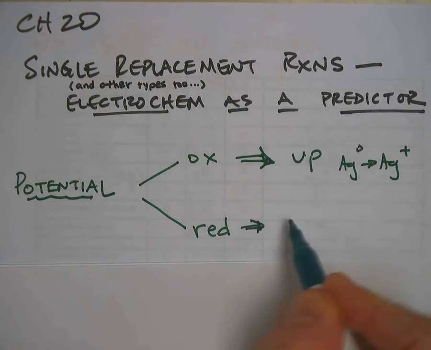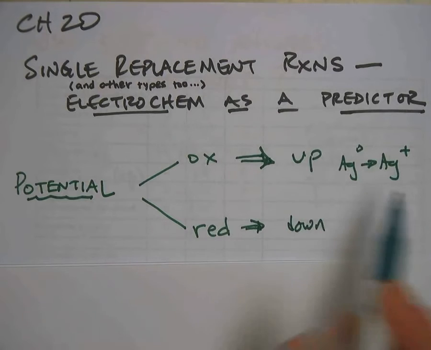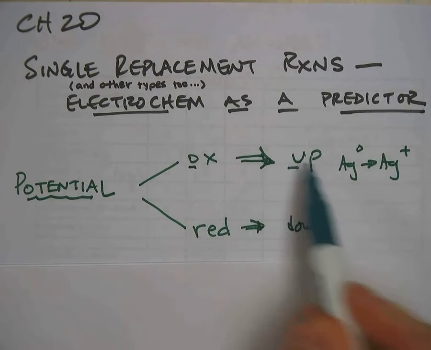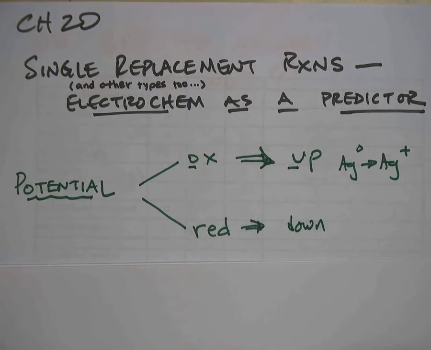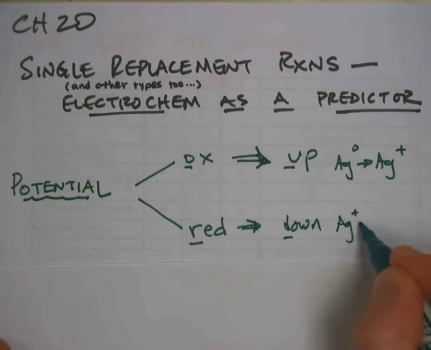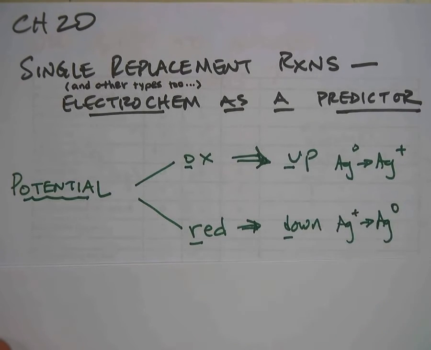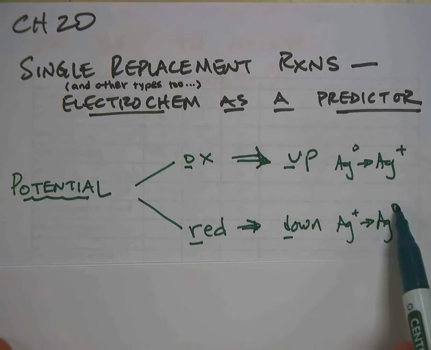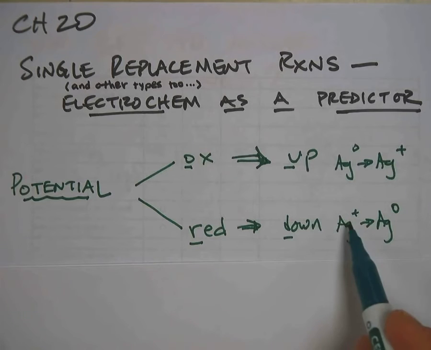Reduction is going down in charge. You can remember oxidation means up in charge because they both start with vowels, and reduction means down in charge because they both start with consonants. The opposite would be Ag+ going to Ag0. Usually you don't write the little 0 up here. That would be going down in charge, or being reduced.